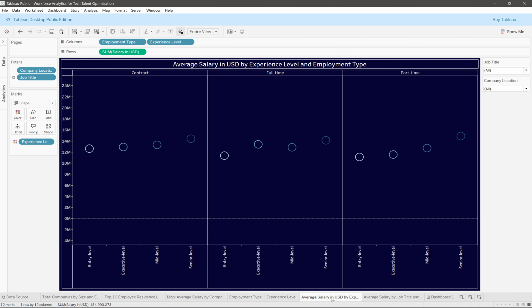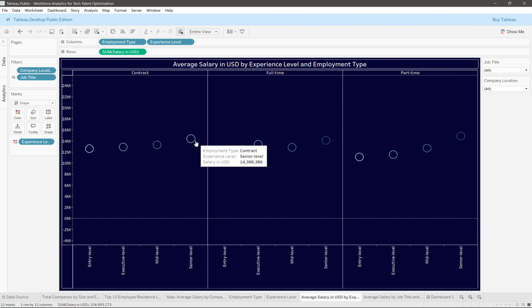Let's dive into salary by experience level and employment type. Now let's switch to average salary by experience level and employment type. Watch how the contract roles behave. Contractors often show higher rates because benefits aren't included.